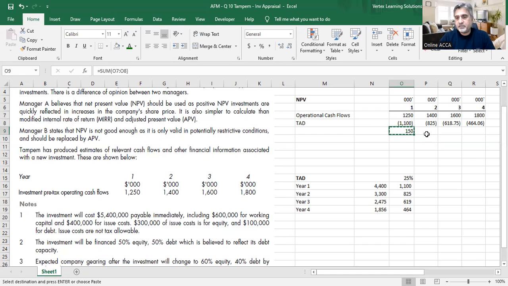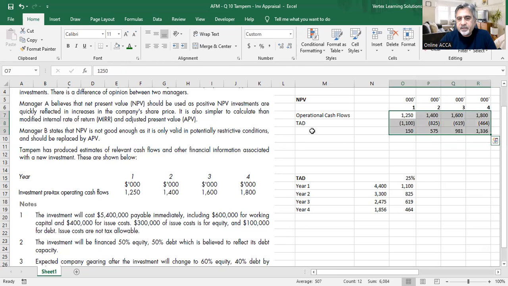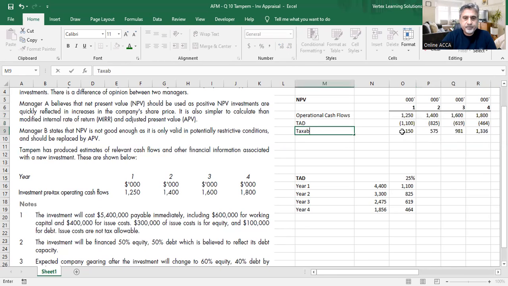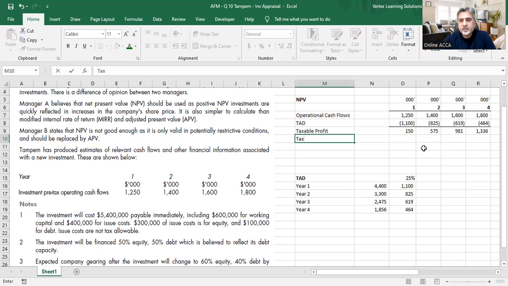Let's just format these numbers a little bit better. So this is your taxable profit, which has come as 150 and so on. And here we need to add the tax, which is, I think, 30%, if I'm not wrong. 30%, okay?